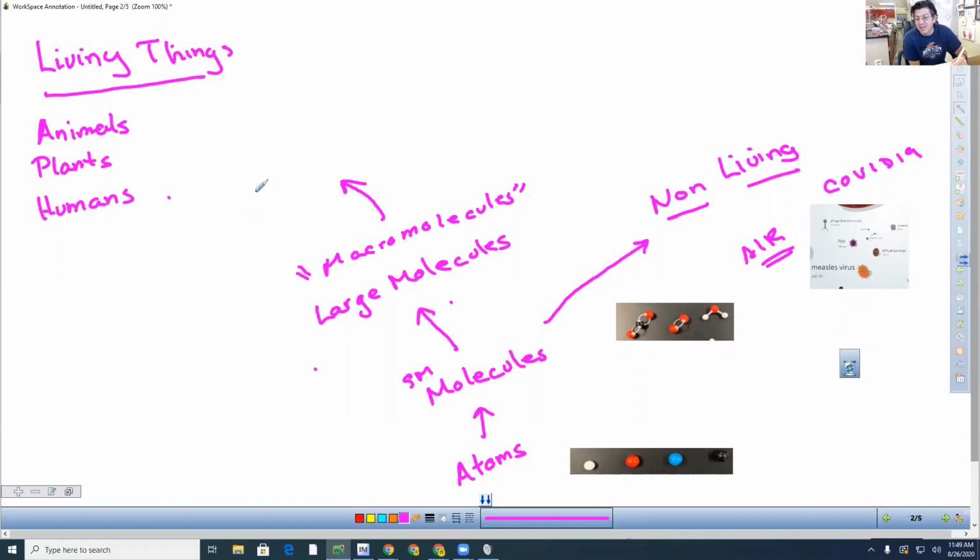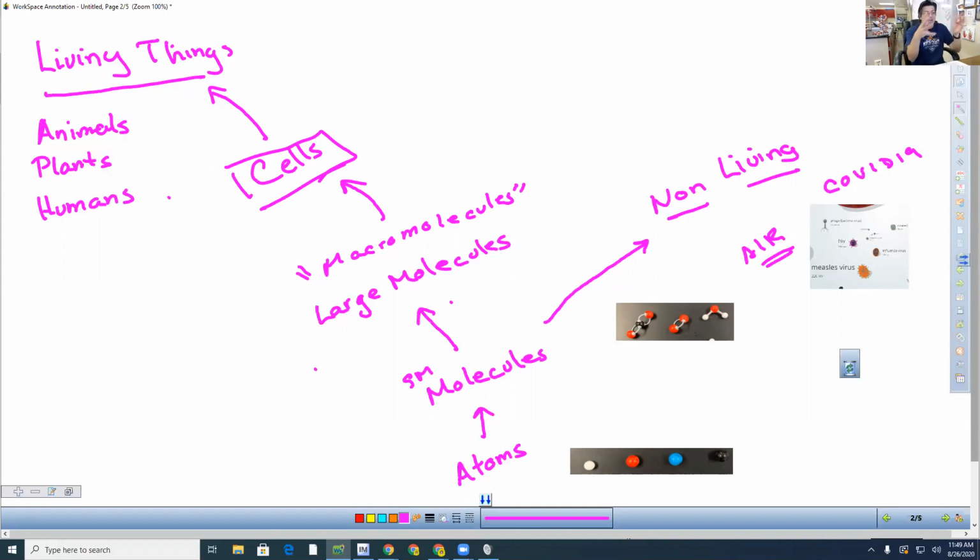That you've learned for like 8 years now. Cells, exactly. Our cells are built from large molecules, and once they're built, those cells come together to form the living things that you guys are familiar with. Does that make sense?